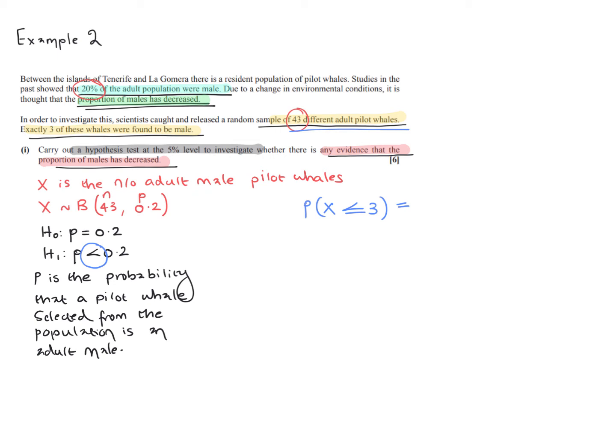Now, to do this calculation, I'm going to immediately pick up the graphical calculator, and I always work in stats mode for these calculations because it's much easier than doing them in run mode.